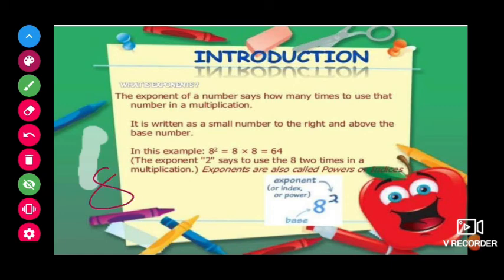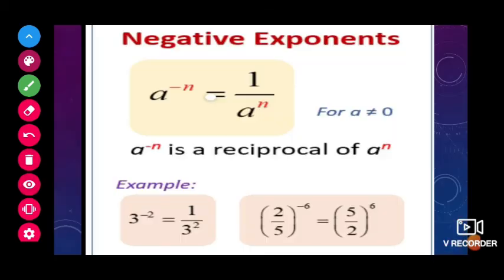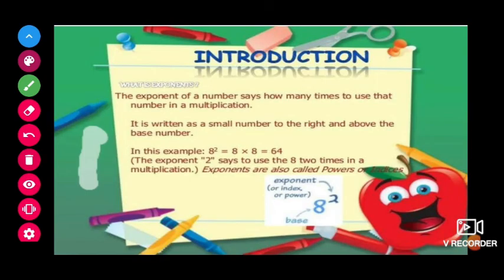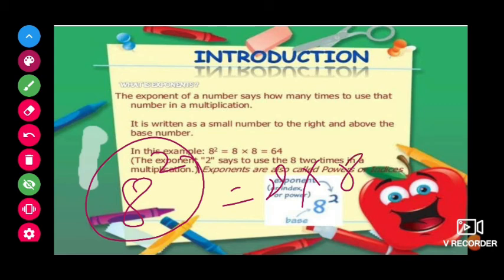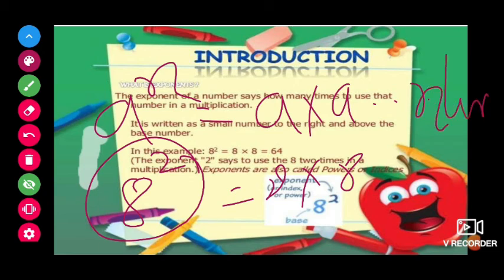Now, whatever it is, we will call it the exponent only. If it is minus 2, what do we have to do? Whenever there is a negative power, we will send it to the denominator. Usually, if it is 8 to the power 2, we just multiply 8 into 8. If it is a to the power n, a is multiplied n times.